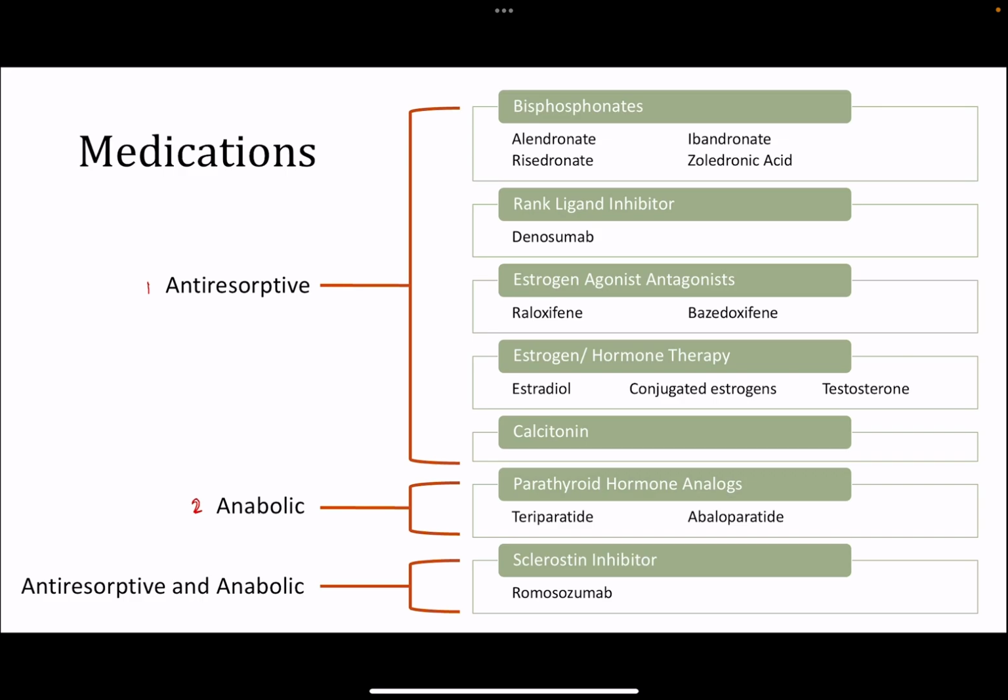Anti-resorptive just means we are minimizing osteoclasts and their activity of cutting down bone. Anabolic, we are building bone, so we're overall increasing the activity of osteoblasts. And then finally, we have this last medication that does both anti-resorptive and anabolic.